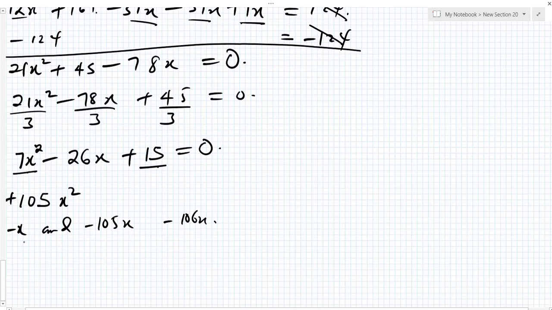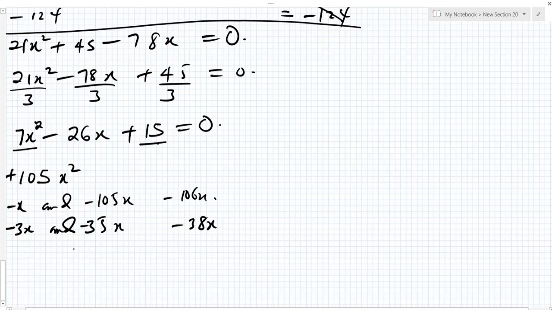We have 3. So if you have minus 3x, and minus 3x divides this, you have 35. You have minus 35x. So when you sum them together, it will give you minus 38x.